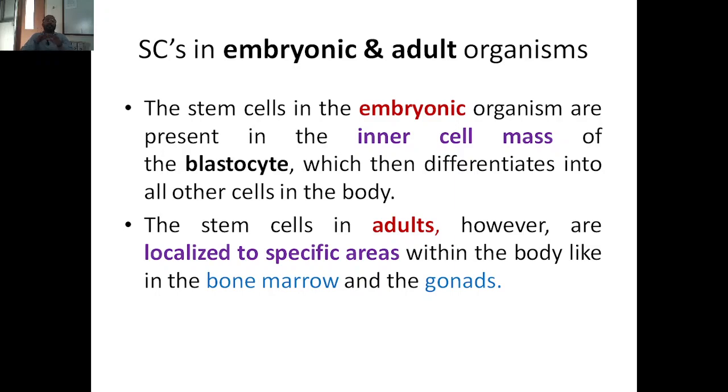So there is something called the inner cell mass of the blastocyst, which then differentiates into all other cells in the body. Whereas in adult organisms, however, they are localized to specific areas within the body, like bone marrow, gonads and so on.